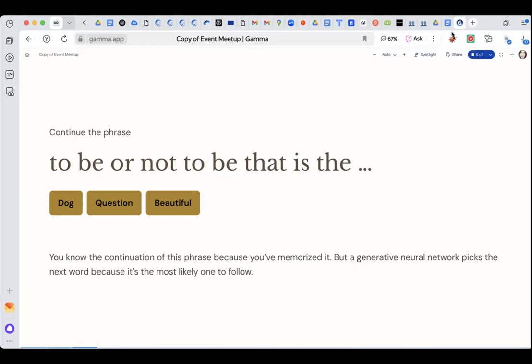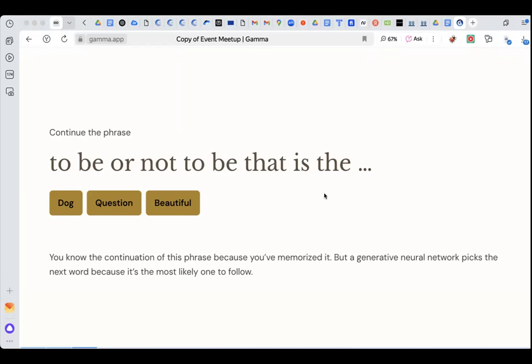But generative AI also uses the word question, not because it has memorized it, but because it is the most likely word to follow. It is the difference between us and generative AI.